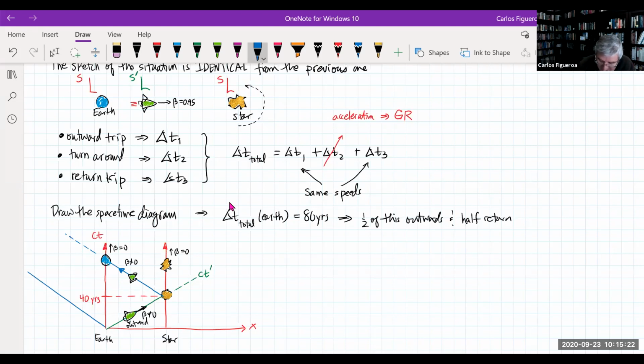And this is a different inertial frame. So I'm going to call this CT double prime. What you're seeing here is that the outward leg is what I defined as prime, and then the return I'm calling double prime.